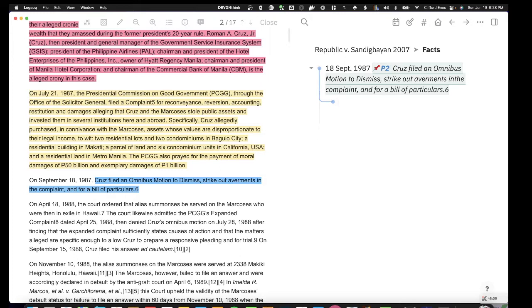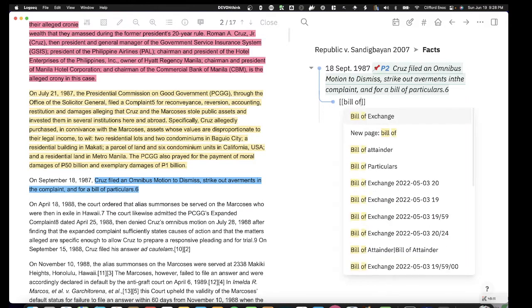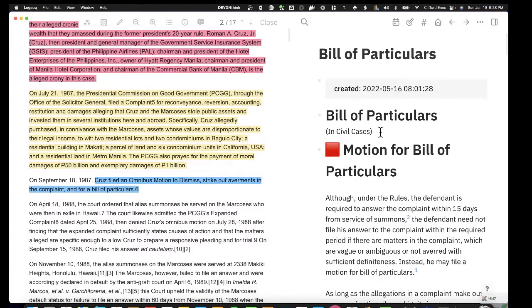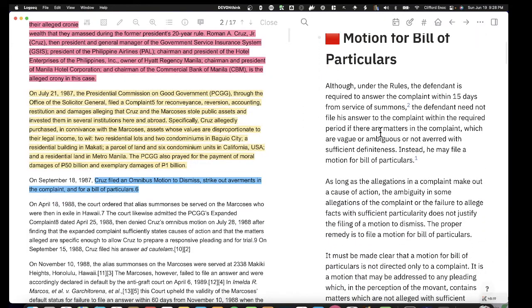Ah, okay. Bill of particulars. I have some notes on bill of particulars. Let's check. So motion for bill of particulars, and although under the rules the defendant is required to answer the complaint within 15 days from service of summons.